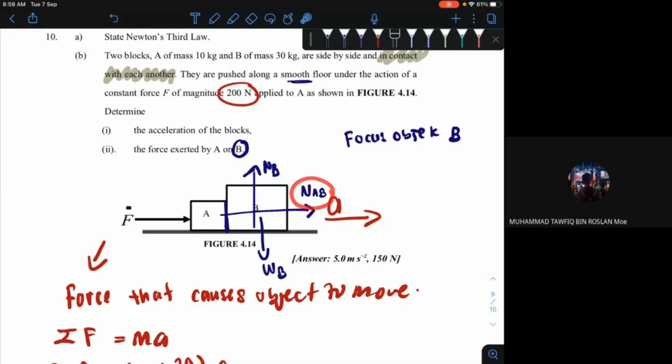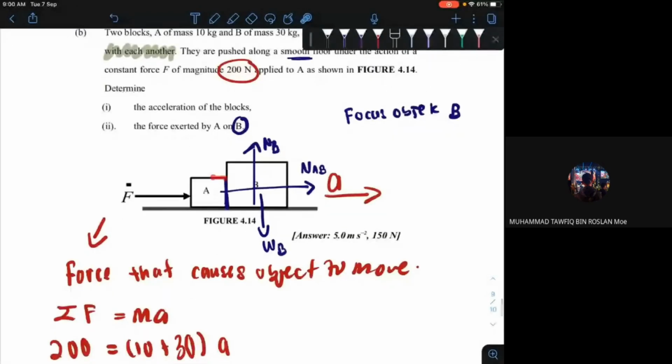Force exerted by A on B. So kita nak cari apa itu normal force between the surface of A dengan B. Okay. However, pada masa yang sama, kita ada this object A dekat sini. Dia push, so B akan react dekat sini.